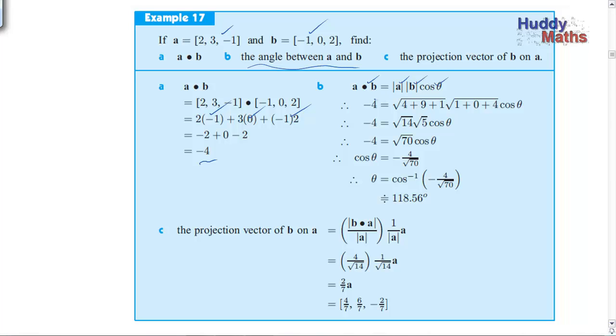We've got the dot product, put in the two lengths, square root of the x component squared, y component squared, z component squared for both of them. Okay, so we bring those down, multiply them together, divide by it to get cos theta, and it's negative. Look it up on the calculator, and it's an obtuse angle.